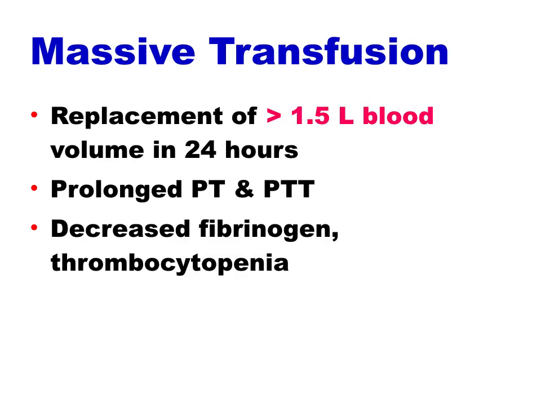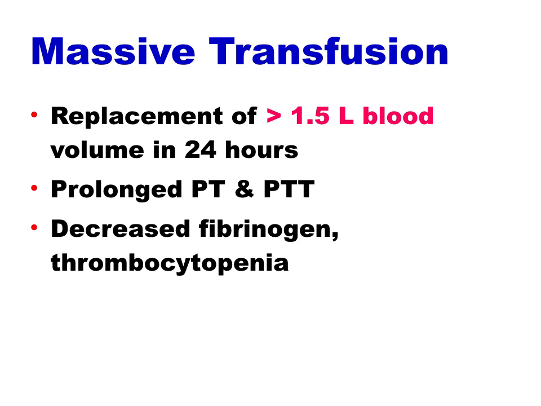Massive transfusion, on the other hand, particularly if you are replacing more than 1.5 liters of blood volume within 24 hours, you would observe that there is prolongation of PT and PTT. Okay, so in here we can observe decreased fibrinogen as well as thrombocytopenia.